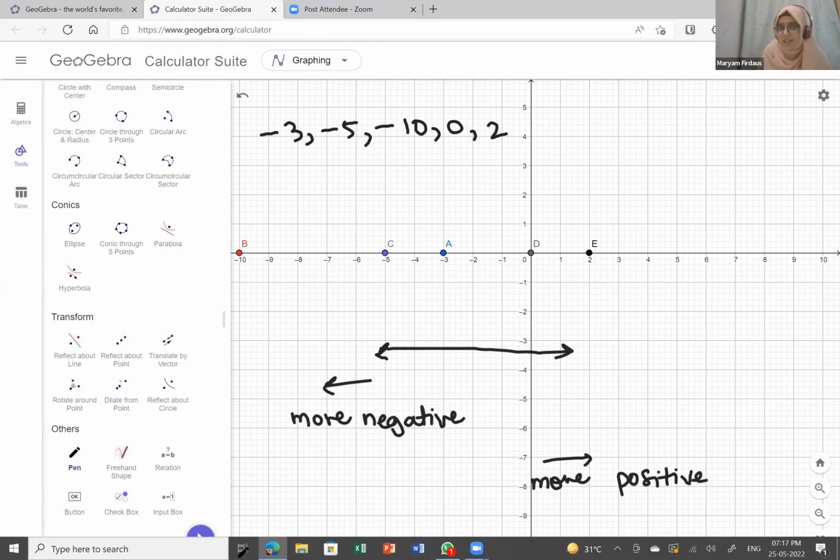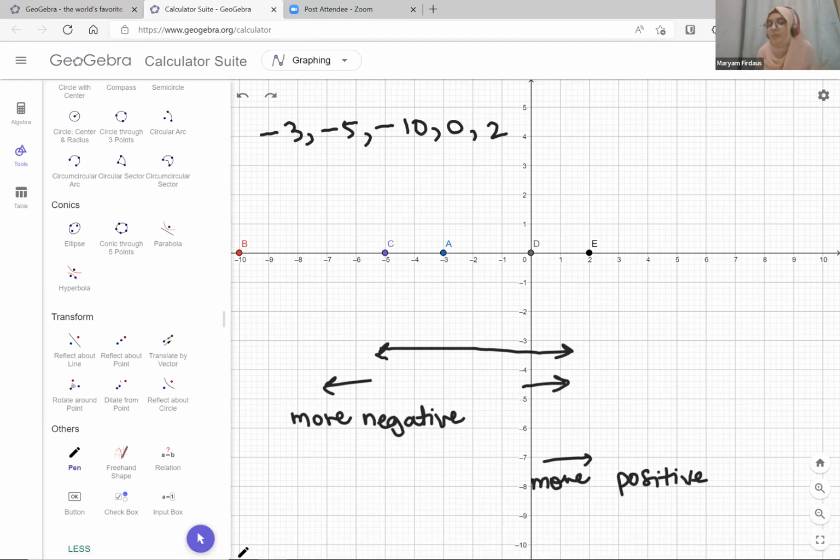Okay, can we say this, take a look at this: as we go to the left, numbers become more negative. So what is going to be the opposite of that? As we go to the right, numbers become less negative. Is that right? Am I right over here, or is there something that needs correction? Okay. So as we go to the right, they become less negative.